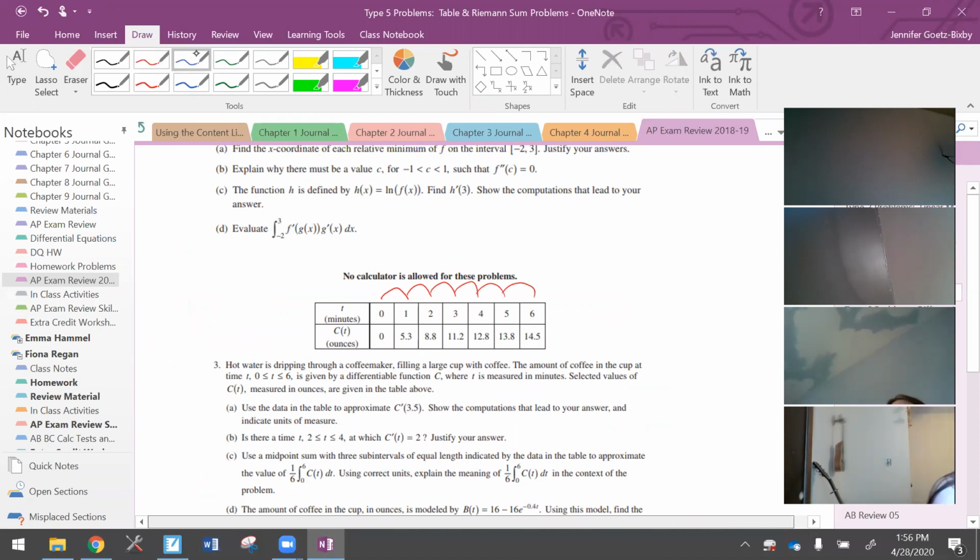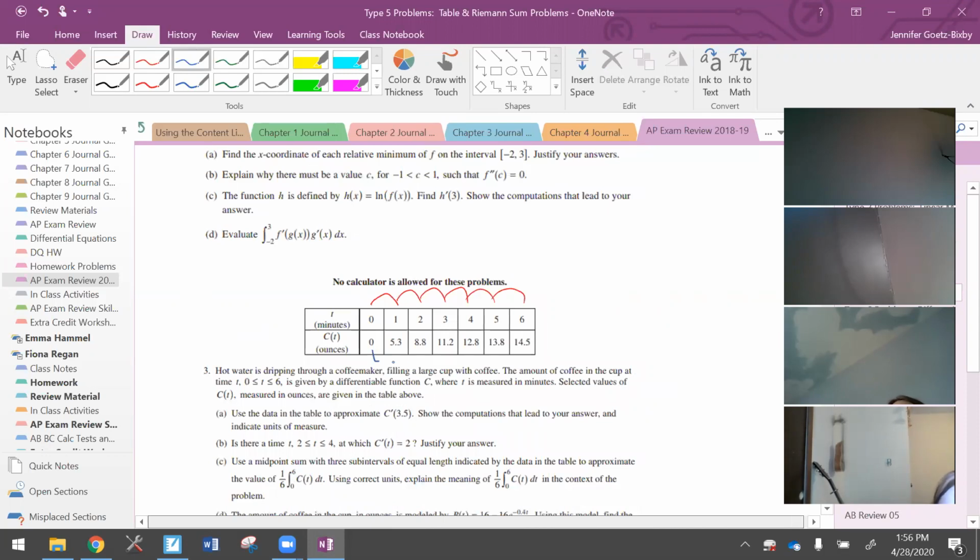But I'm not allowed to have 6. I can only have 3 because that's what the problem tells me. So I'm going to make an interval that goes from here to here. My second one goes from here to here, and my third one goes from here to here.